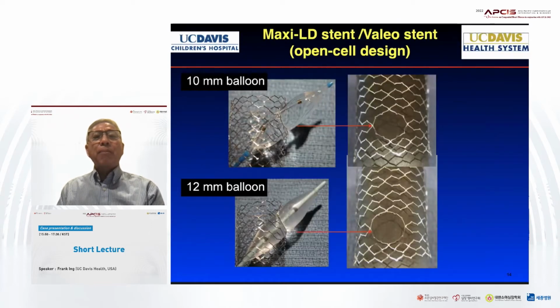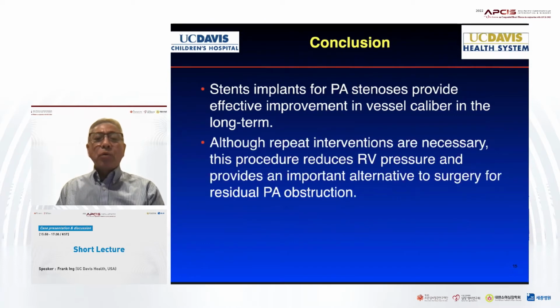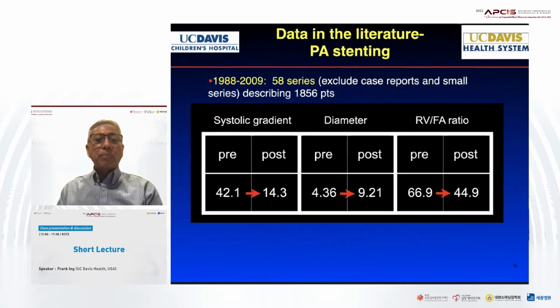Here's an example of the Max LD stent and a Valeo stent. You can put a balloon through the side and create a new side hole for the side branches. The conclusion of that paper was that stents in pulmonary stenosis can provide effective improvement of the vessel caliber in the long term. And although repeat interventions are necessary, the procedure does reduce RV pressure and provides an alternative to surgery for residual pulmonary obstruction.